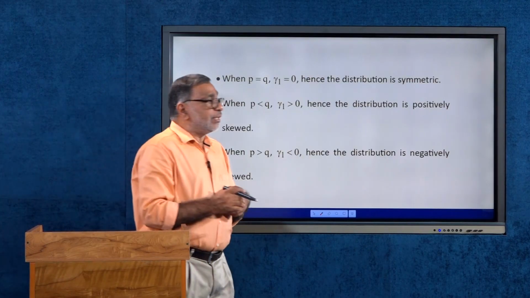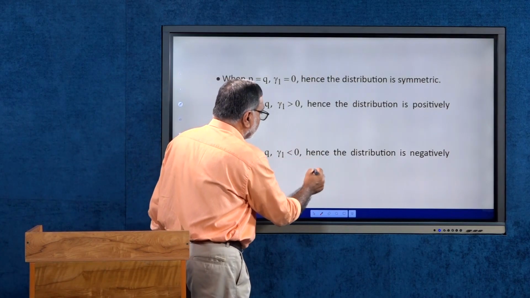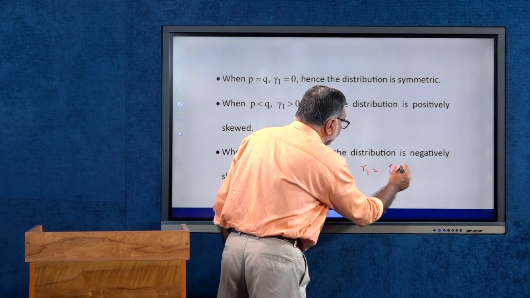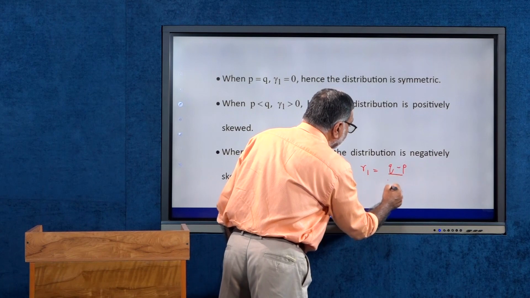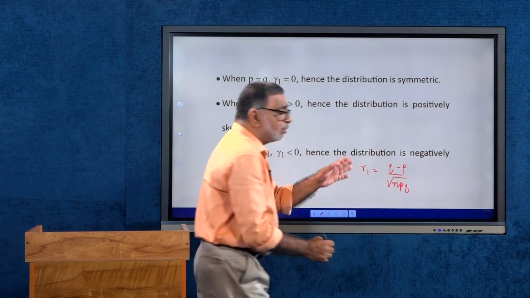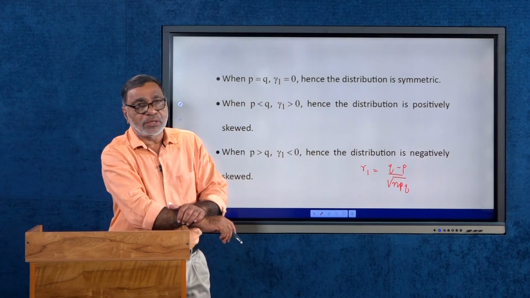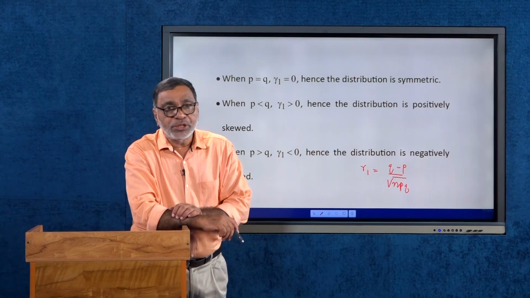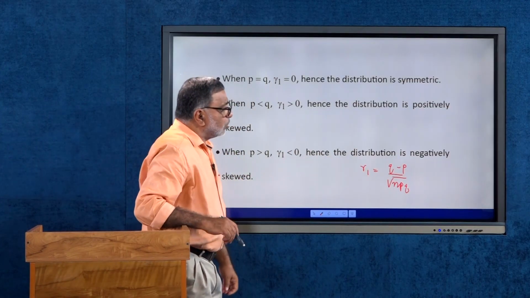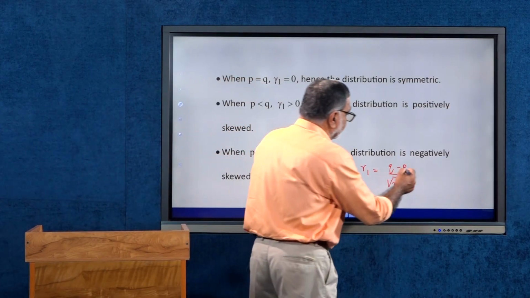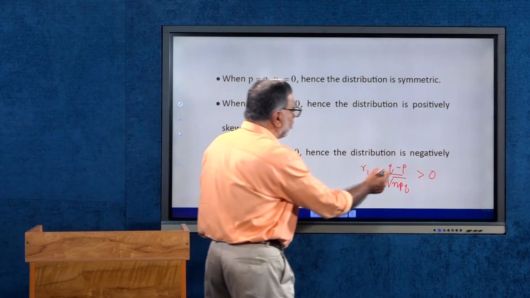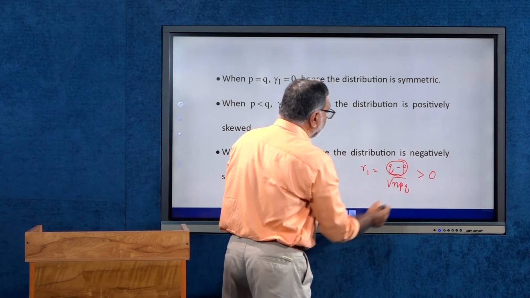So, when we have gamma 1 equal to q minus p divided by root npq, as we have established in the last slide, on the basis of this value, gamma 1 is positive depending upon the numerator q minus p, as the denominator is always positive.